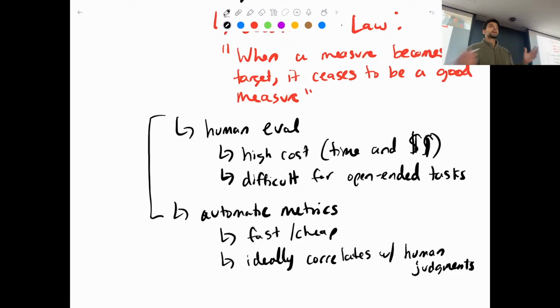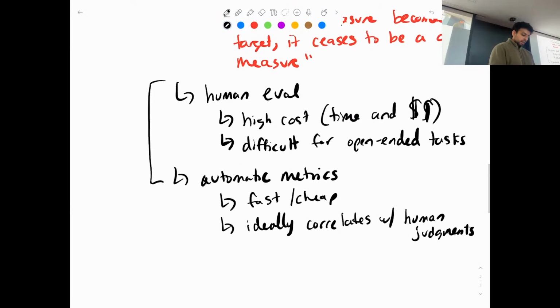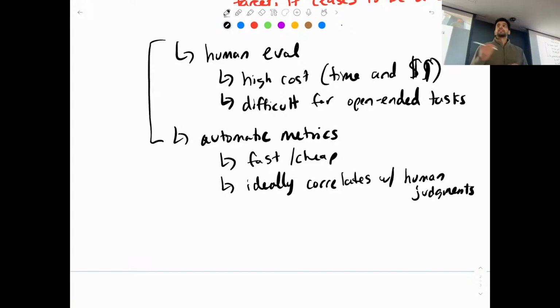So these are important considerations. If you're trying out a new task, generally you want to do some human evaluation first, and then try and figure out what metric is best for your task by optimizing the agreement between your metric and the human data that you get. So because the development of these metrics is so difficult, we see a clear breakdown in the types of tasks that people work on.